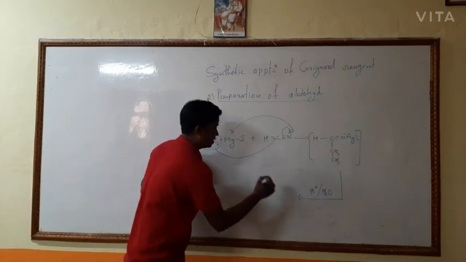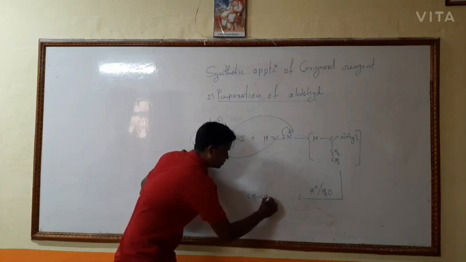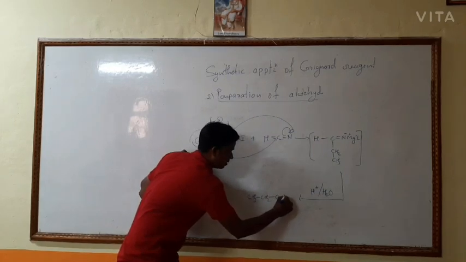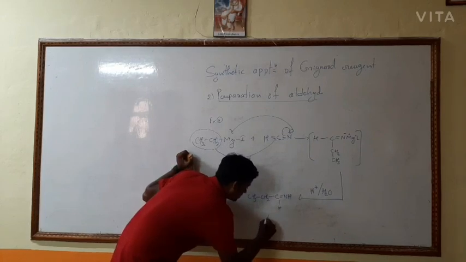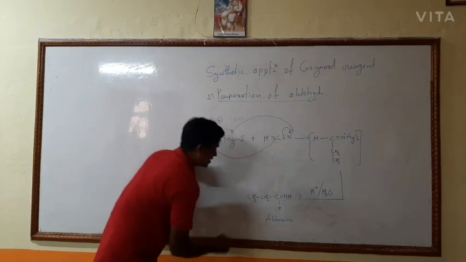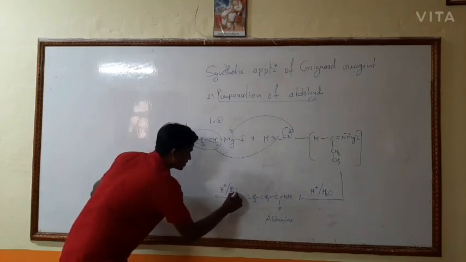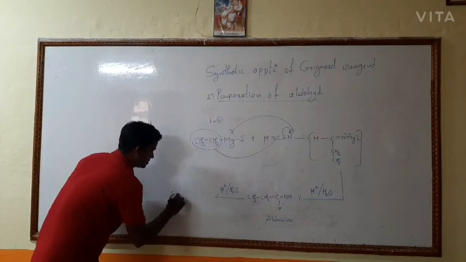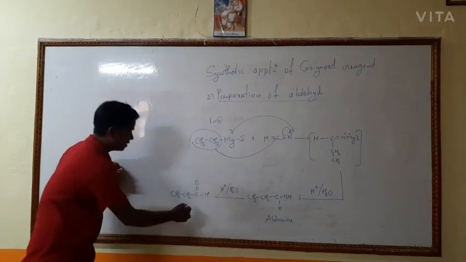to give aldimine, that is CH3CH2 C double bond NH. This is our aldimine, and that aldimine further undergoes acid hydrolysis, which gives CH3CH2 C double bond O, H. This is our aldehyde.